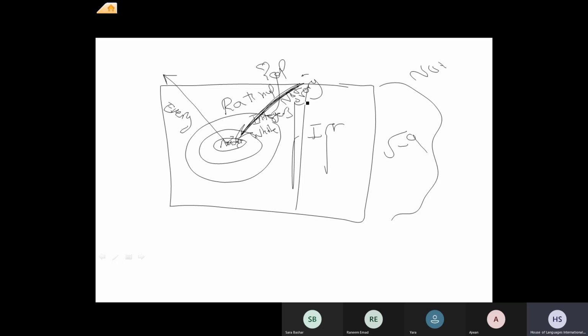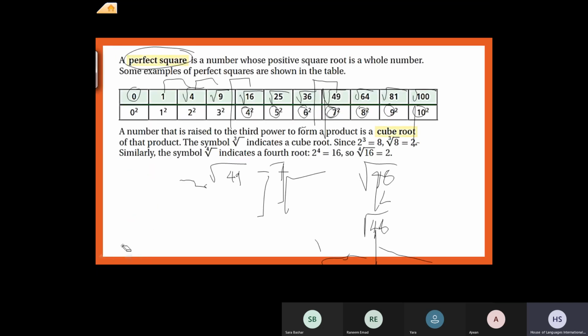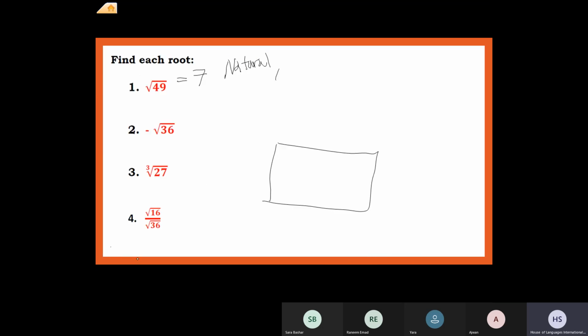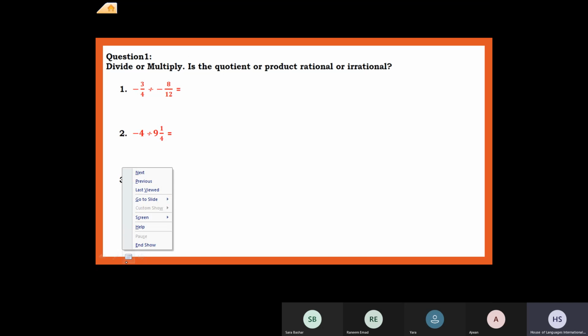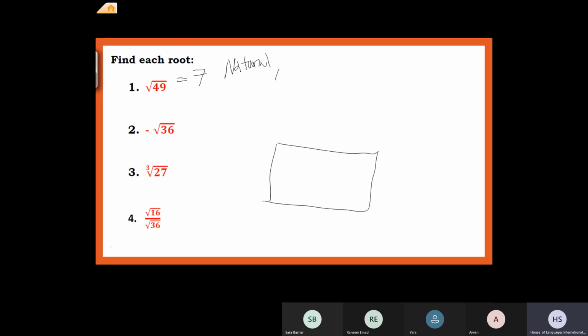Here, we have rational, integer, whole, and natural.